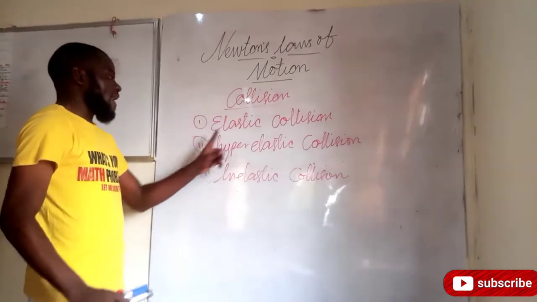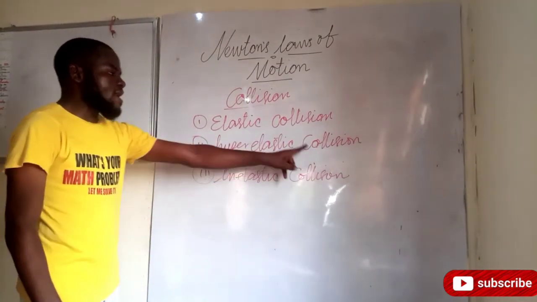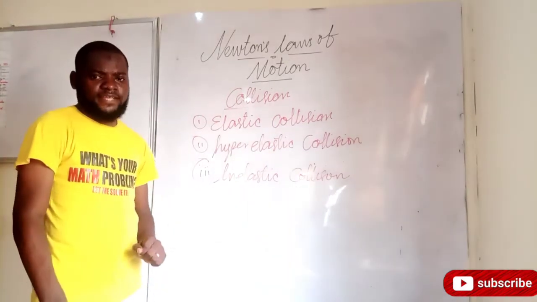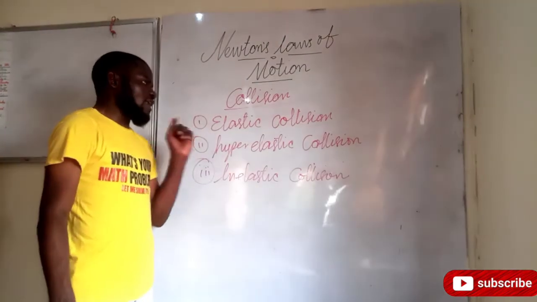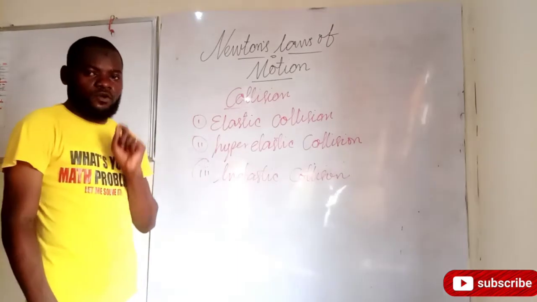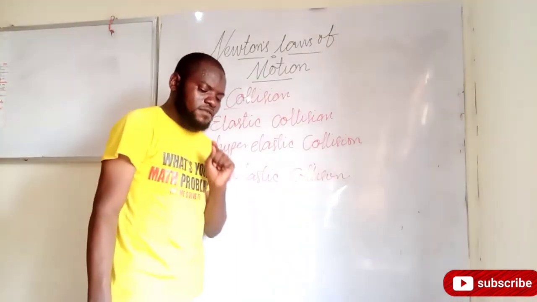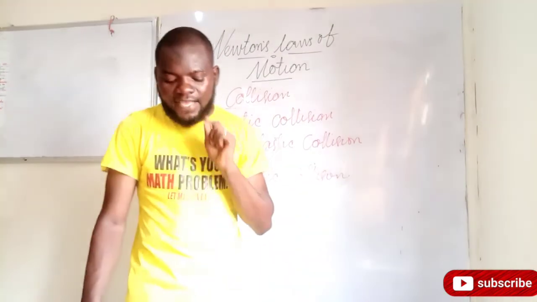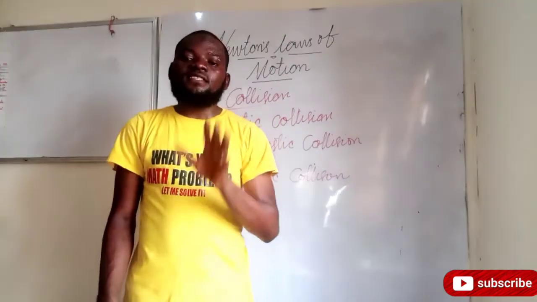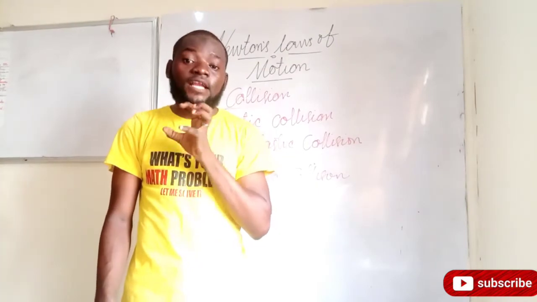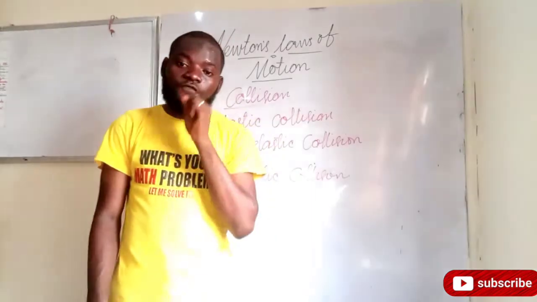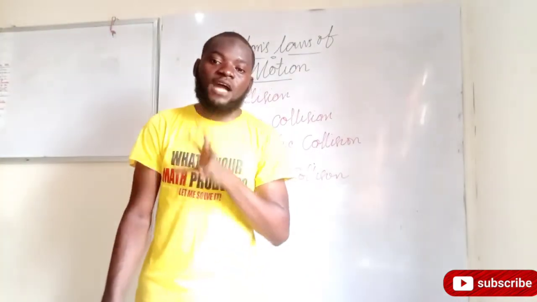Elastic collision, hyperelastic collision, inelastic collision. How can we recognize them? We are told that in elastic collision, momentum is conserved and energy is also conserved. The law of conservation of linear momentum states that in a closed system, the momentum before collision is equal to the momentum after collision.